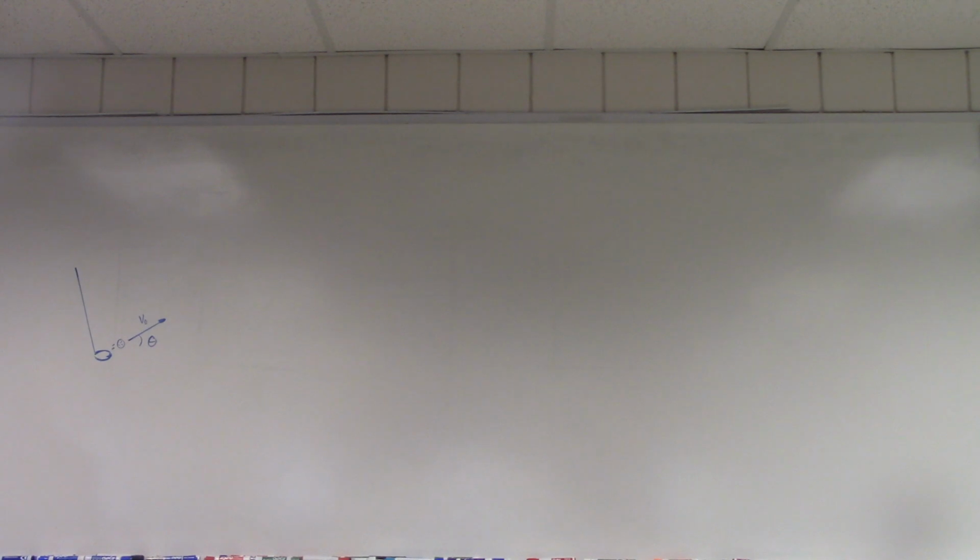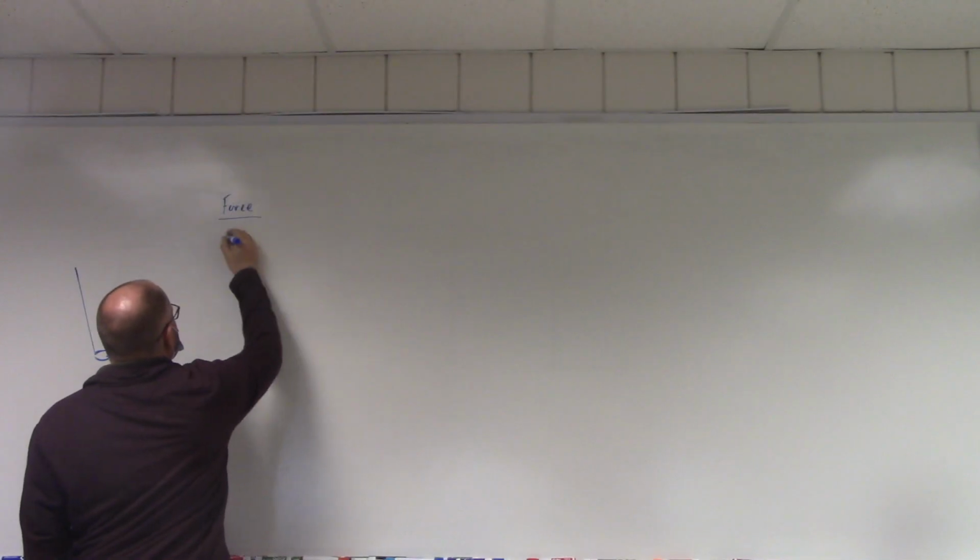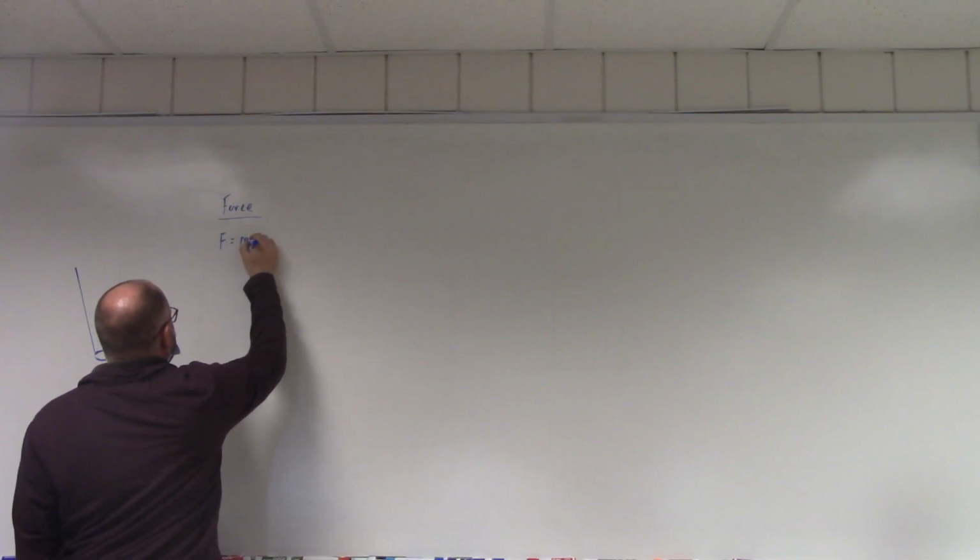Now it says, what is the magnitude of the average force exerted on the club? Well, there are different contexts for force, correct? But this is the force of the club on the golf ball. So what do I know about force? In terms of the force concept, force is equal to the mass times the acceleration.